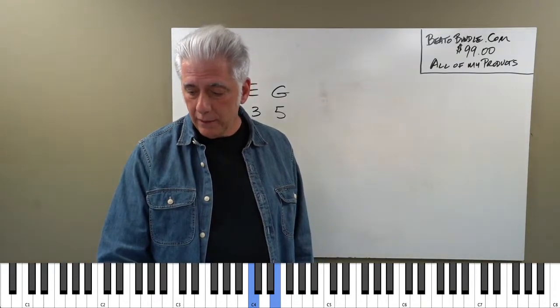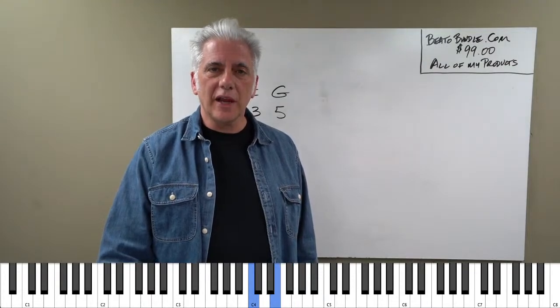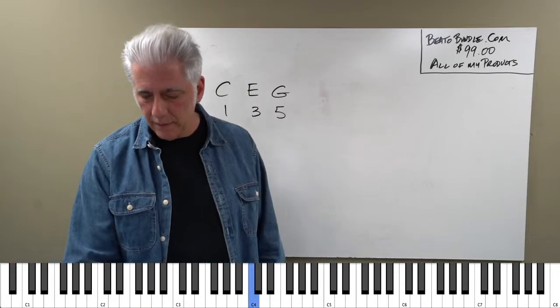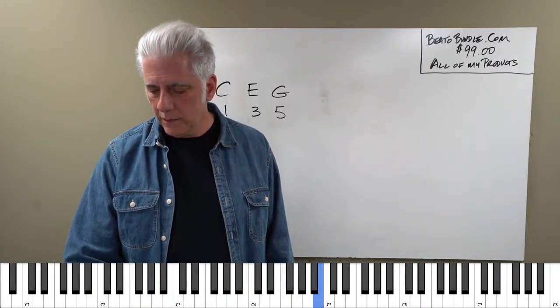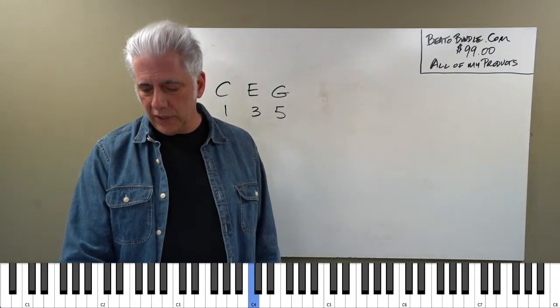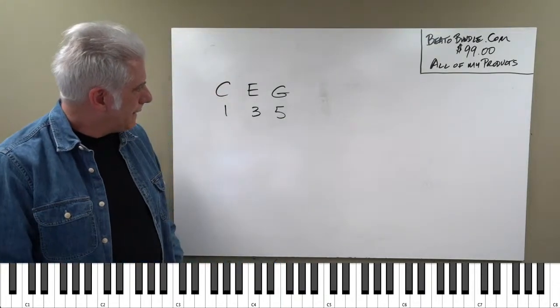So the first note of the scale, third note of the scale, fifth note of the major scale. This is a C major scale I'm playing, all white notes. Take the first note of the scale, third note, fifth note.